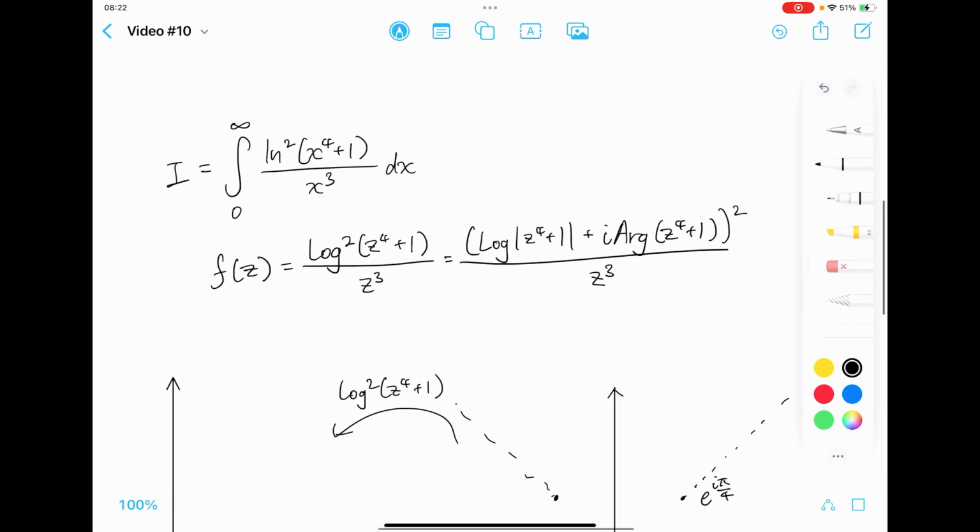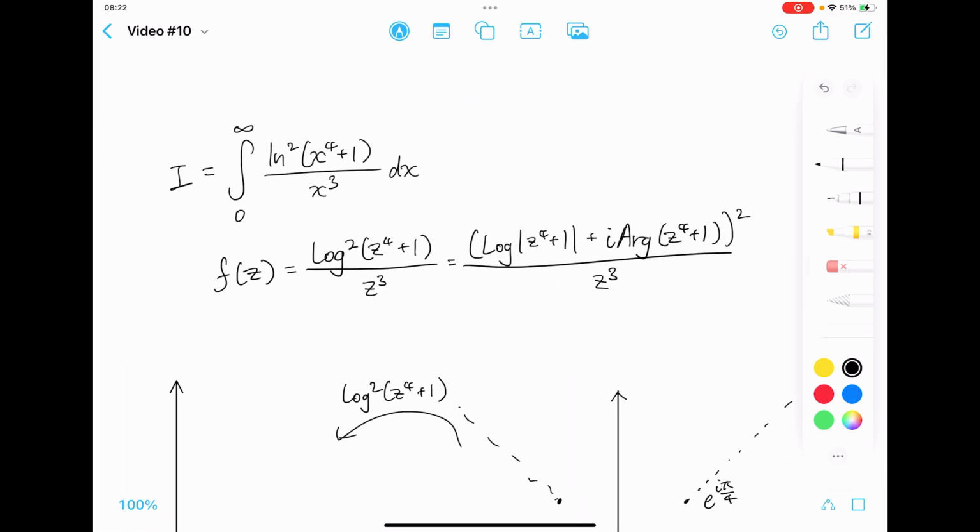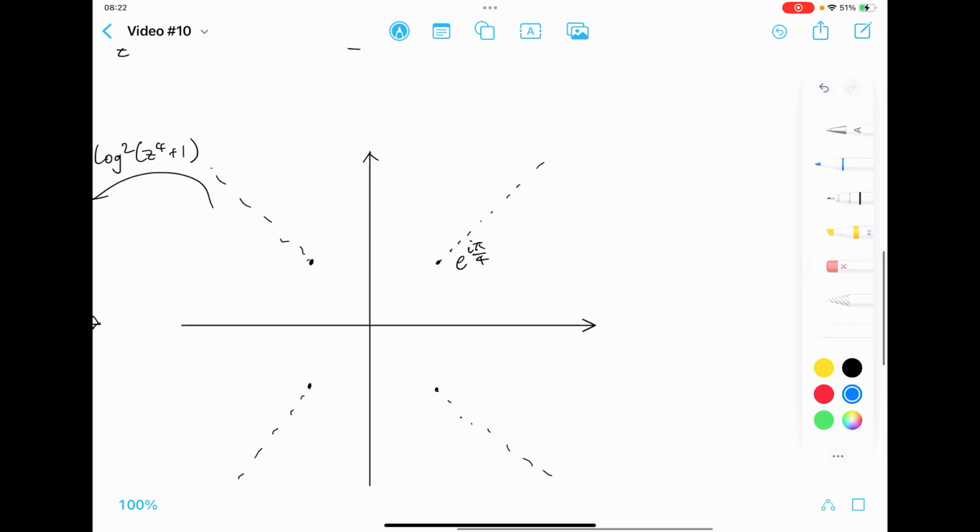Looking back to our integral, we are integrating from 0 to infinity, so obviously we're going to have to include this path. As I said, 0 is removable, so not going to avoid that one. We're going to go up to r, and I'm going to let r tend to infinity at the end. So that's the first part of our curve.